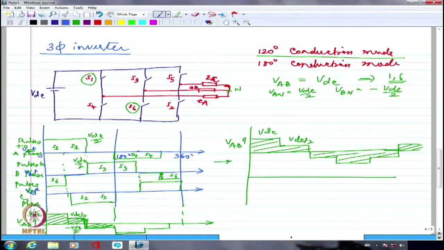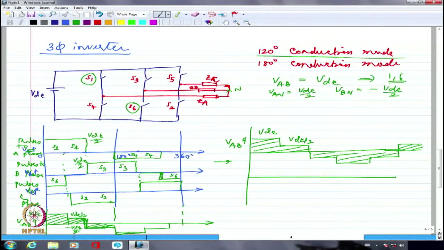Yeah, 1, 2, 3, 4. You will not have any 0 at all in this case. There is no 0. That's what I said. There is nothing like a dead band, a complete 0. That is not existing in the line-to-line voltage in 120 degree conduction mode.